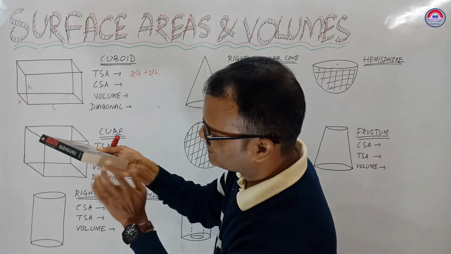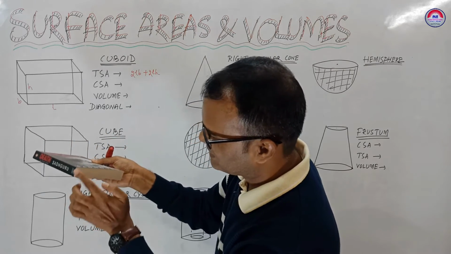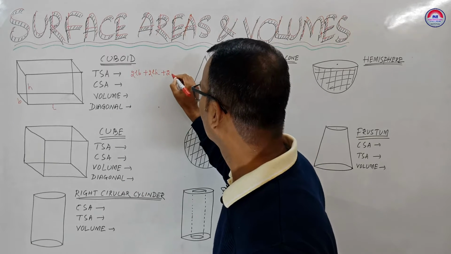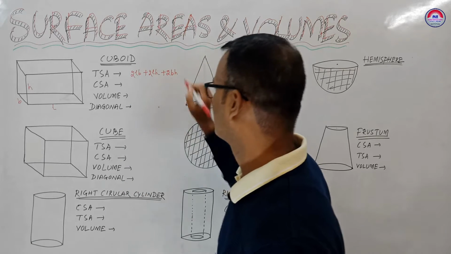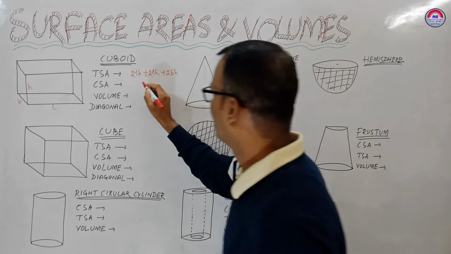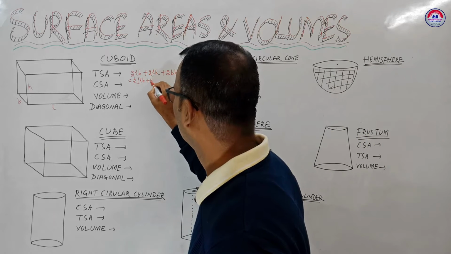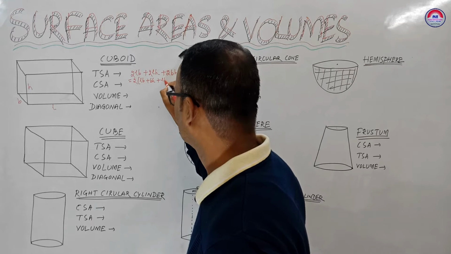This face and this face have B and H, two faces, so we can write 2BH. If we arrange this, we can write 2 into (LB plus BH plus LH).